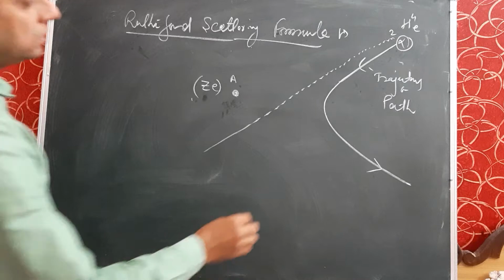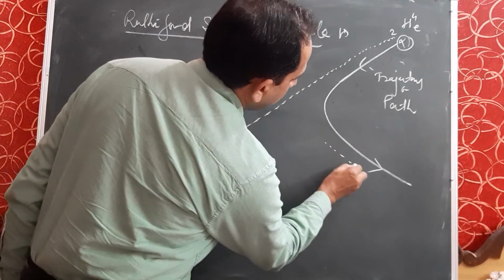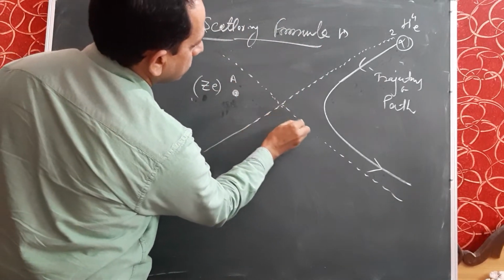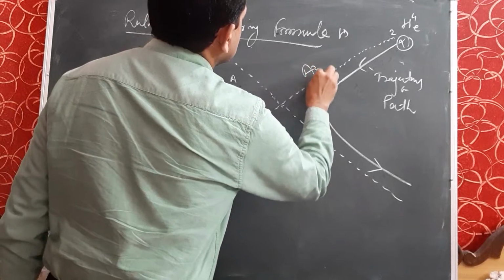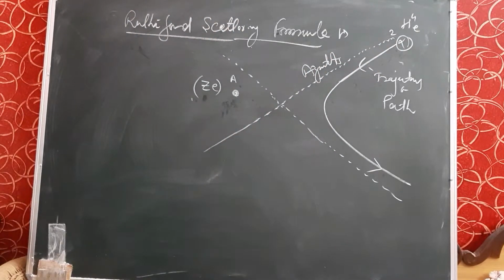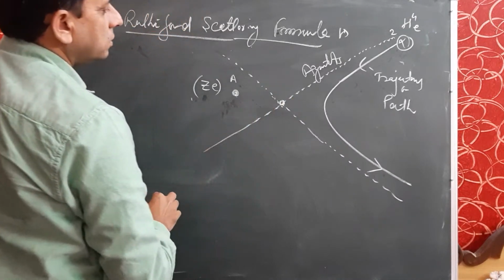Similarly, the asymptote for the scattered path becomes this. Asymptote means the line which is parallel to the path of the particle and meets it at infinity, and both these asymptotic lines will meet at this point.